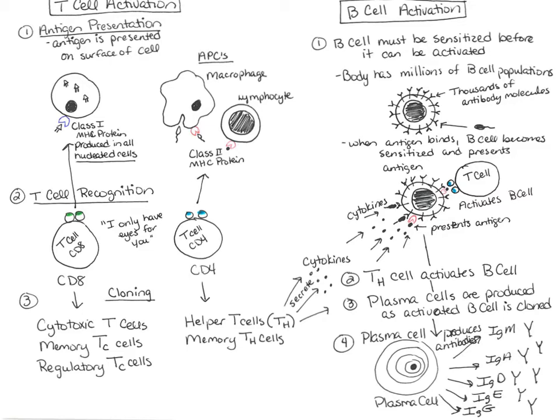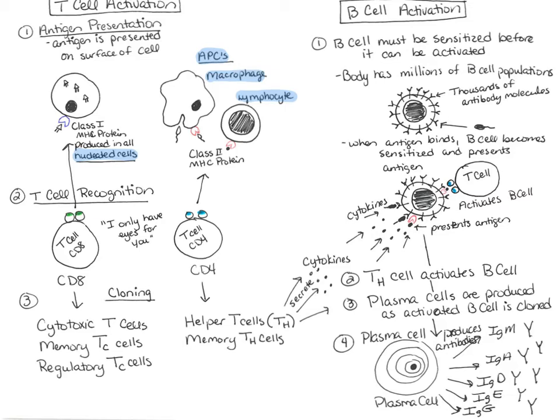All right, these are cells in your body that can present the antigens. So this is just a nucleated cell right here. This is a macrophage. Here's another lymphocyte. All of these cells have the ability to present the antigen, and they present the antigen using what we call MHC proteins.